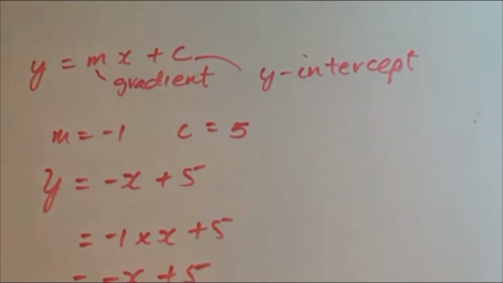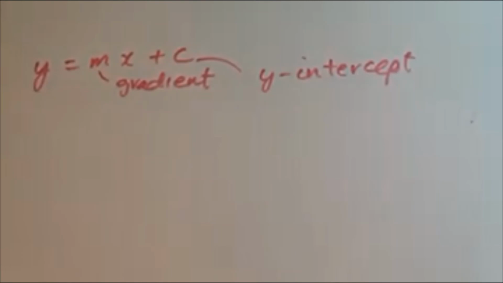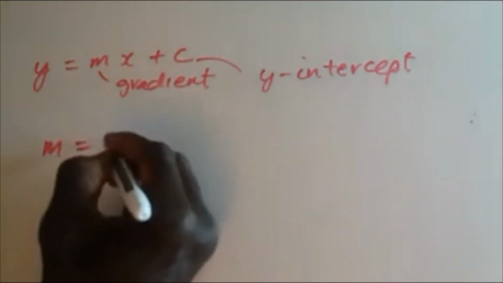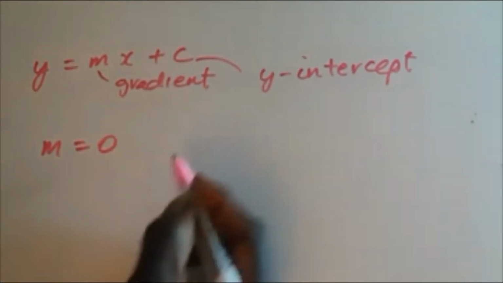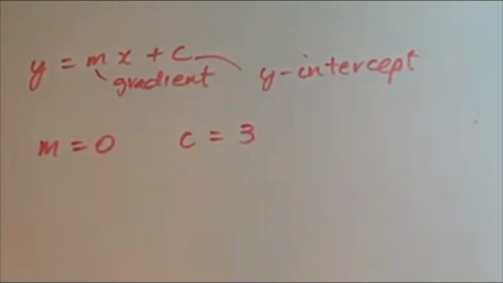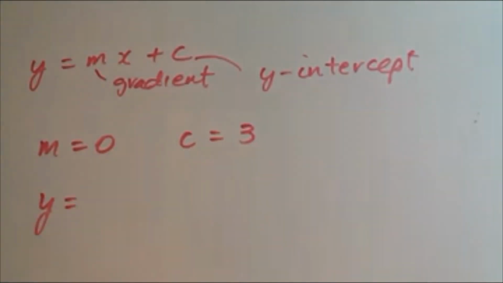An interesting one here is, what about if we have a gradient of 0? So m is equal to 0 and the y-intercept is 3. c is equal to 3. So we have y is equal to, if our coefficient of x is 0, then 0 times x will give us 0.